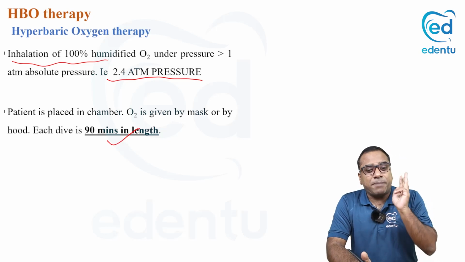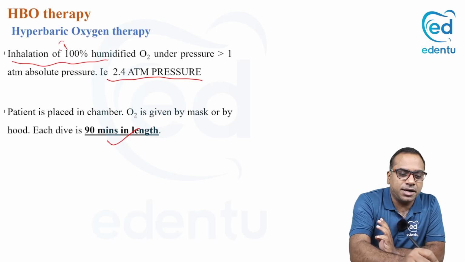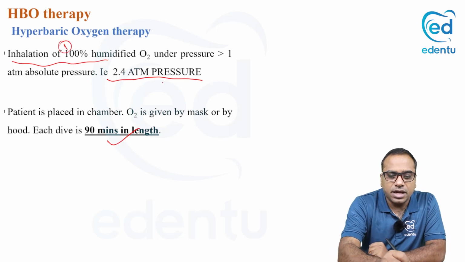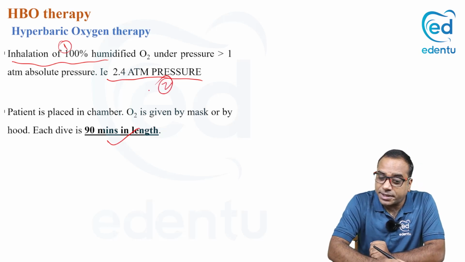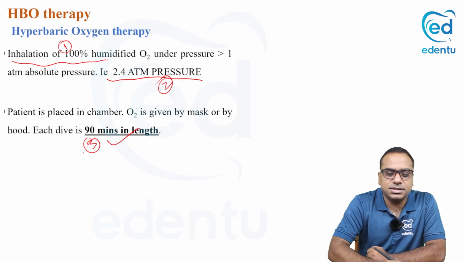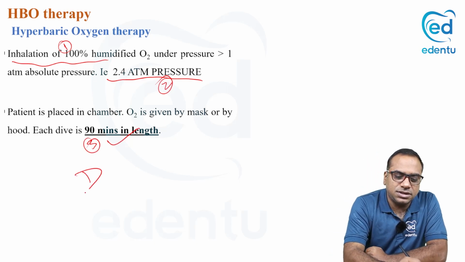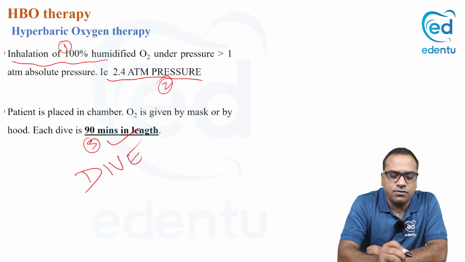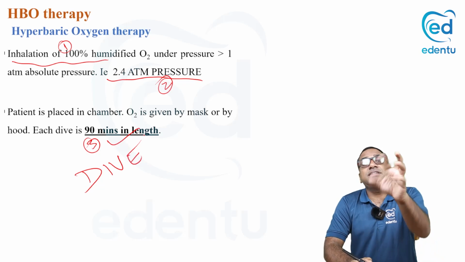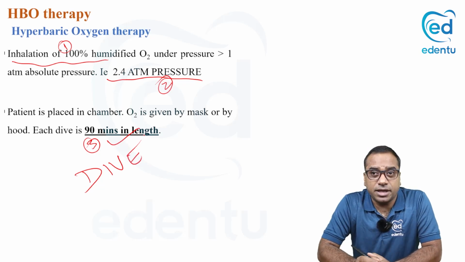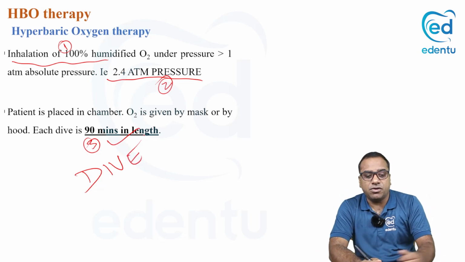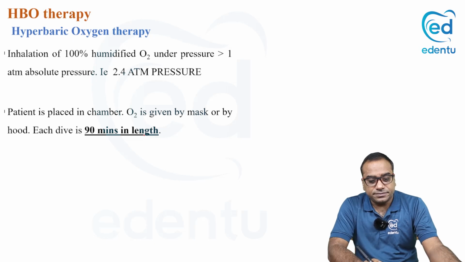So these three parameters, number 1, 100% oxygen, 2, 2.4 atmospheric pressure, and 3, 90 minutes in length, is a DIVE, D-I-V-E. Dive is a unit of HBO therapy. So this is one dive we call it, right?